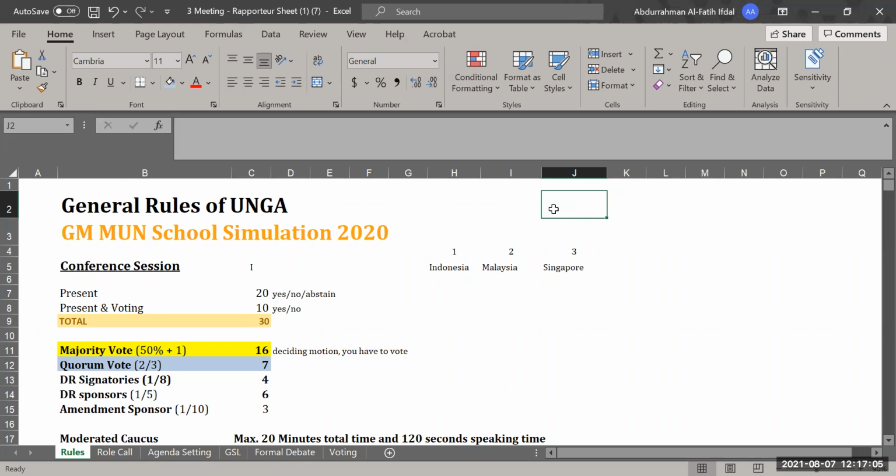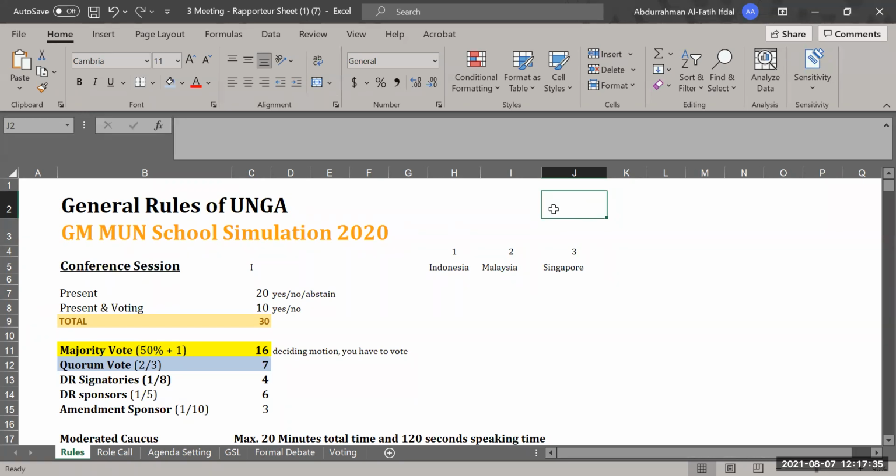A point is basically a sequence of instruction in an MUN session where you can ask about a certain parliamentary part of the MUN, or about a certain privilege that you might be receiving. Basically, points are asking questions. But motion is the substantial part. Again, if you don't understand this part, please feel free to let me know.